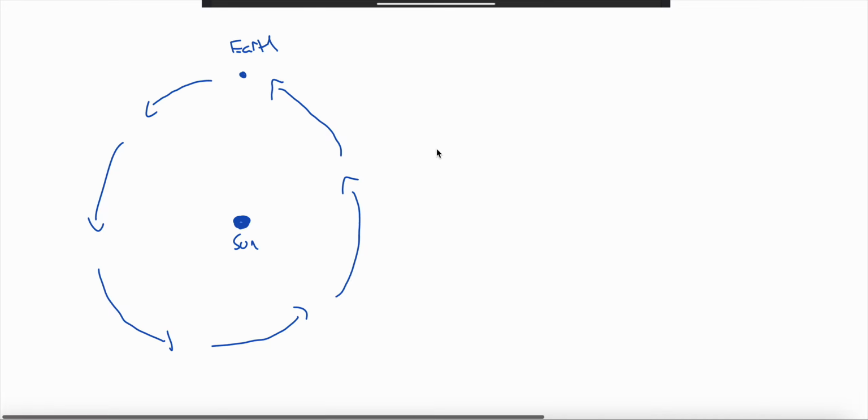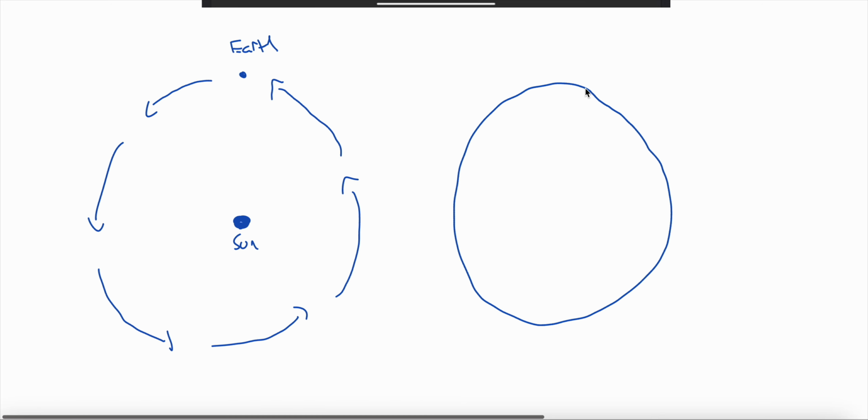Let's say that the sun appears to move in a circle. We notice that the sun appears to take about 365 days to end up in its original position again.